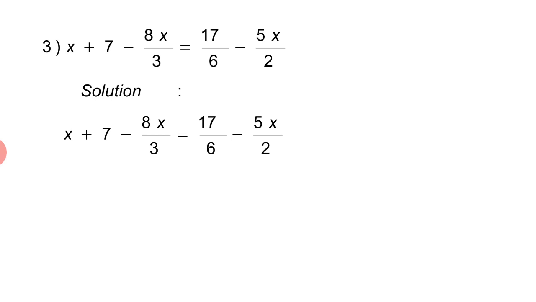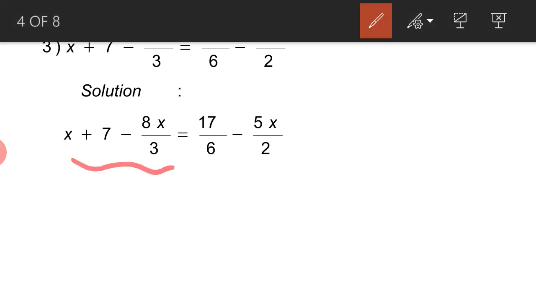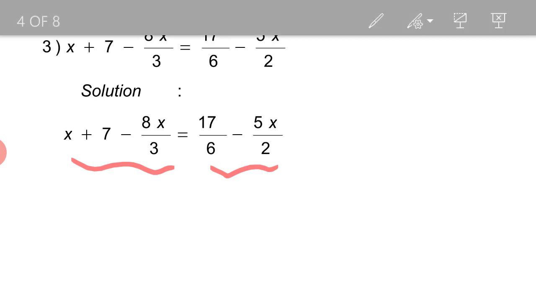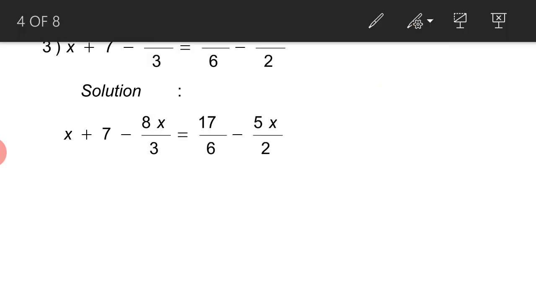So we write the equation as it is: x plus 7 minus 8x upon 3 is equal to 17 upon 6 minus 5x upon 2. As I told you, children, you can first simplify this part, and then also you can get the solution. Answer will be same. And if you collect the variable as we are going to do in this particular solution, you will get the same answer.